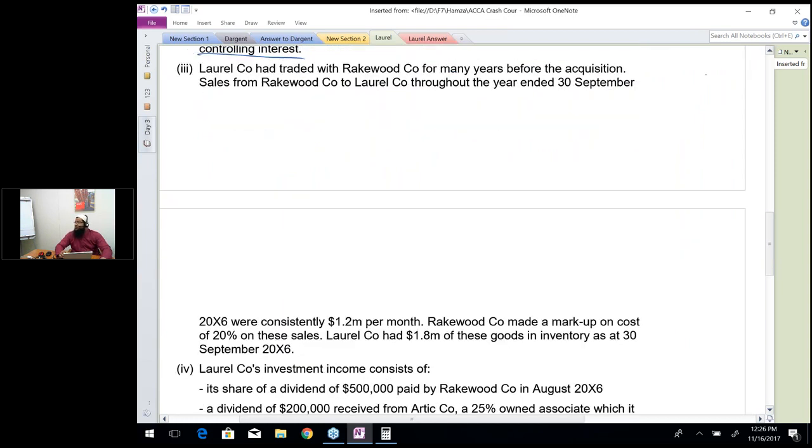So now let's move on to adjustment number 3. The question says that Laurel Company had traded with Rackwood Company for many years before the acquisition. Sales from Rackwood Company to Laurel Company throughout the year ended 30th September 2026 was consistently 1.2 million per month.